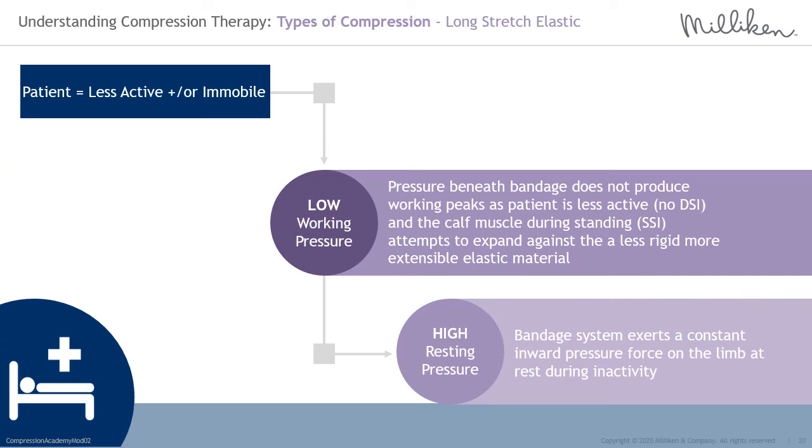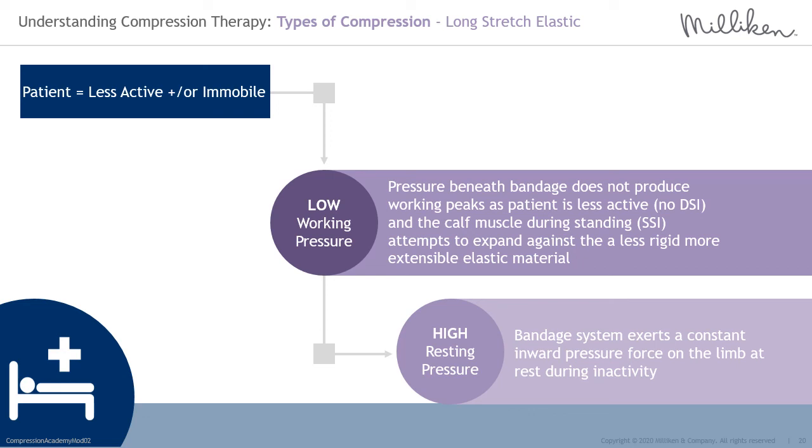Long stretch or elastic materials are less rigid than short stretch and usually positioned for patients who are less active or immobile. For those who are unable to work with the bandage to generate peak pressures through material resistance, long stretch elastic is positioned as being less suited to active patients. Long stretch bandages deliver a low working pressure and high resting pressure.